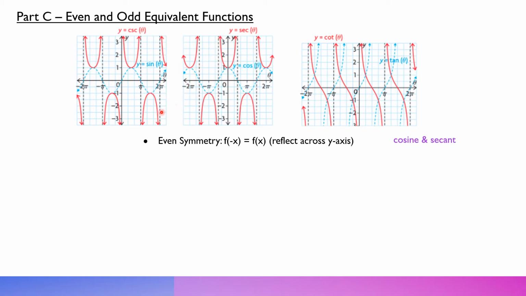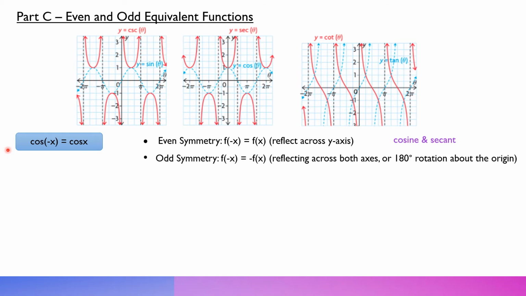So those ones have even symmetry, and that's another way to write one function a different way. Cos negative x equals cos x. So there will be times when we can't have a negative right here and we have to rewrite it another way. We'll get into that later. But today what we're trying to come up with is a whole bunch of different ways to write one function, either translating itself or using another function.